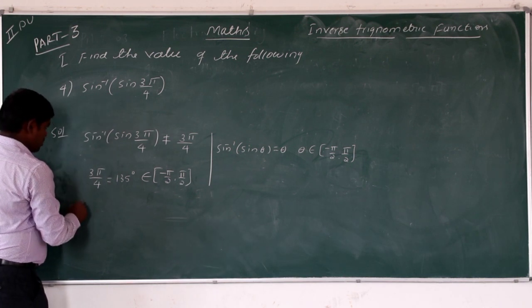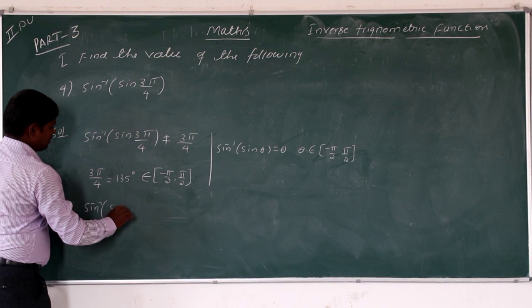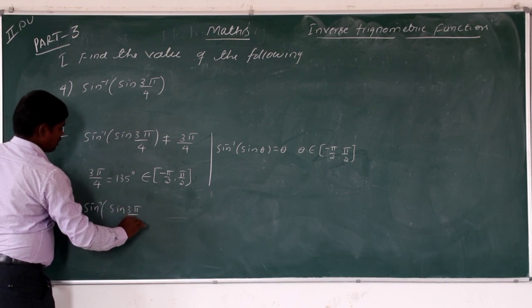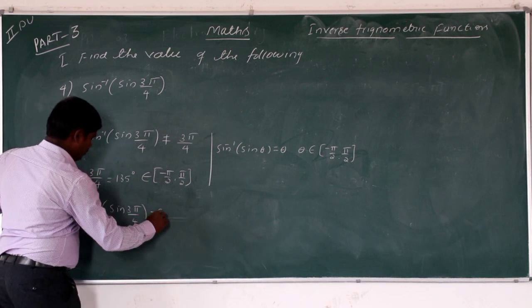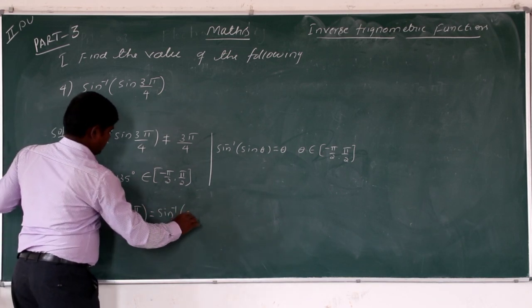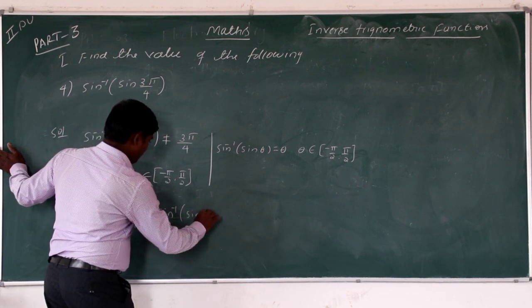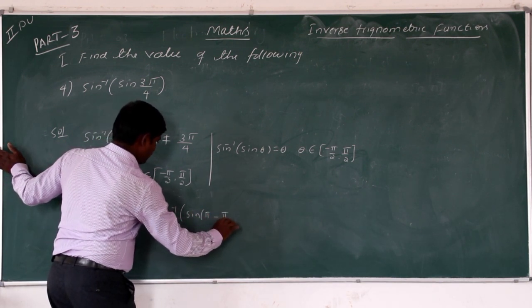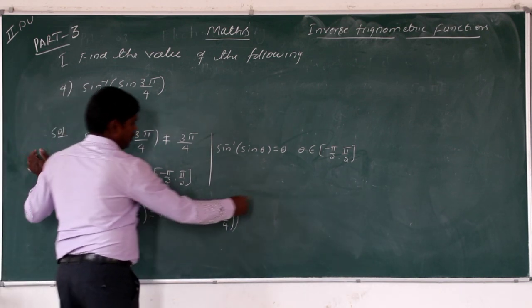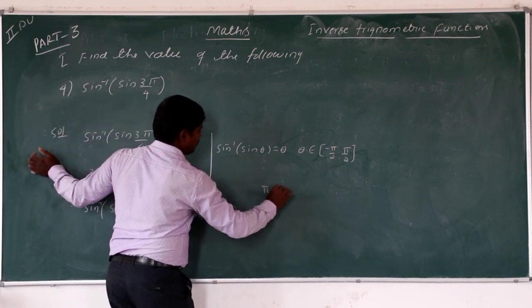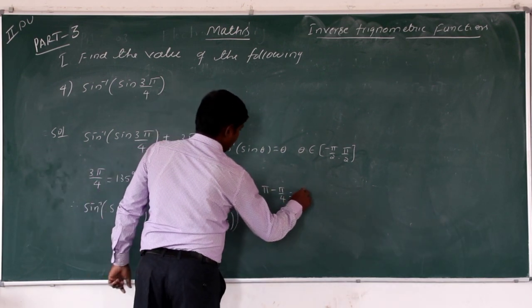So sin inverse of sin 3 pi by 4 can also be written as sin inverse of sin of pi minus pi by 4, since pi minus pi by 4 is 3 pi by 4.